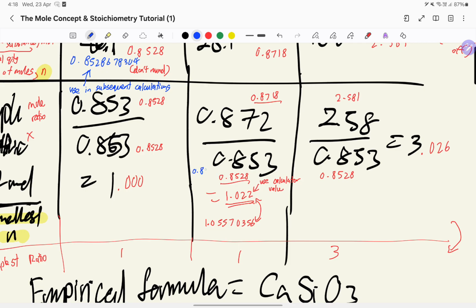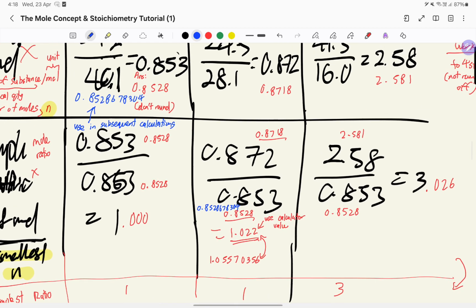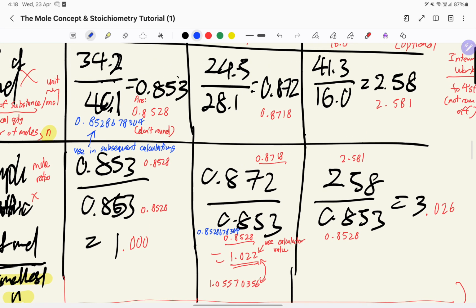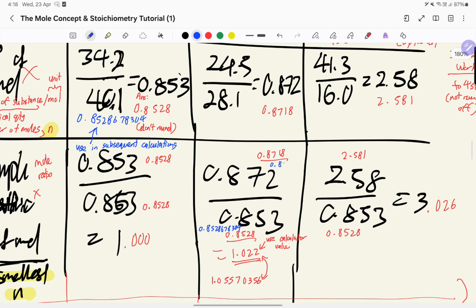So this one will have been 0.85286780304, and then 0.8718, if you calculate the calculator value for this, it will be 0.871886121. So just keep in mind you use these in the calculator to get 1.022.